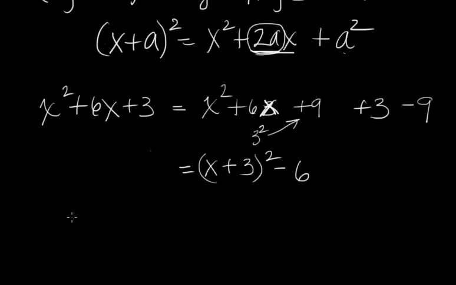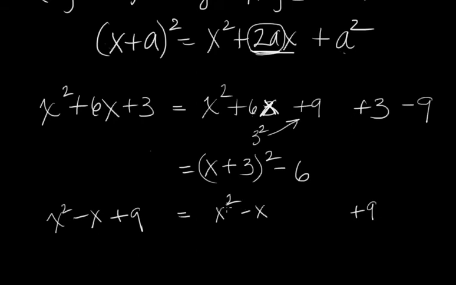Let's say we have x squared minus x plus 9. Again, put your x squared term first, your x term, and just have the plus 9 over here waiting.